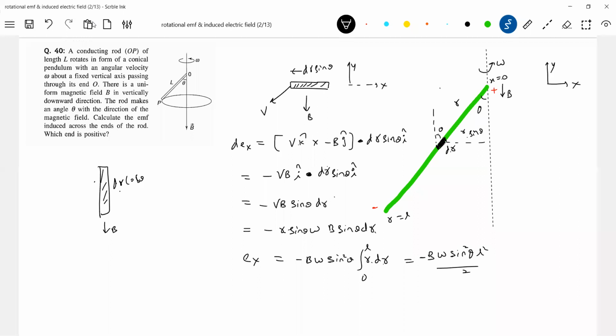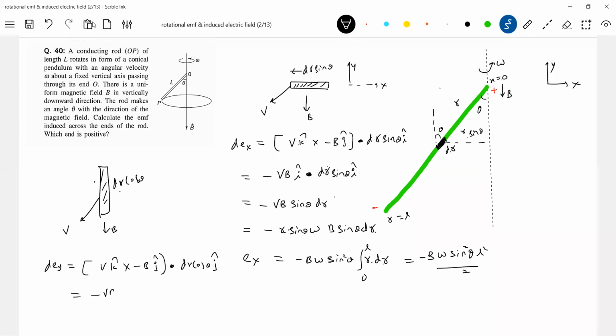I think it's quite clear for you. Angle between v bar and B bar. And what about dr cos theta? It will be vertical. v k cap cross minus B j cap, dot dr cos theta j cap.